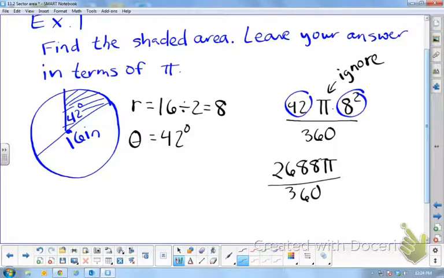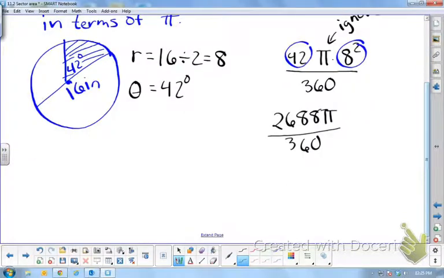Now we're keeping this exact, pi should always be here, but we should reduce if we can. So we have to ask ourselves, what divides into 2,688 and into 360? Probably going to have to reduce multiple times because I don't know the biggest common factor that would divide into both. I do know they both divide by 2 because they're both even.